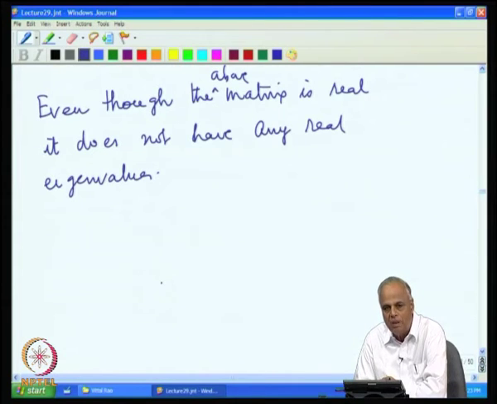Some of them may be real, some of them may be complex, and those that appear as complex roots must appear in complex conjugate pairs. So, solving polynomial equations with real coefficients over the reals, we may not have any roots or we may not have enough roots. That is one of the algebraic deficiencies of the real numbers. In fact, it is in order to eliminate this algebraic deficiency of real numbers that the complex numbers have been created.